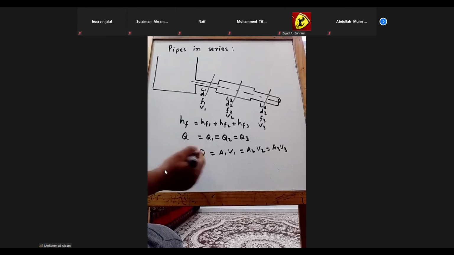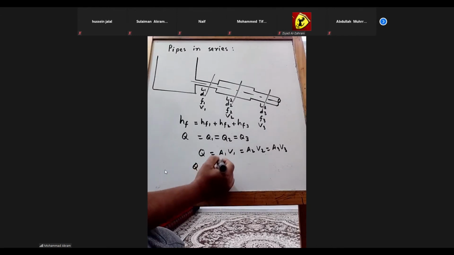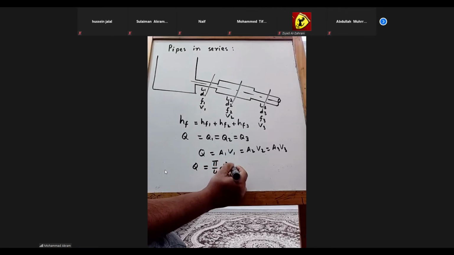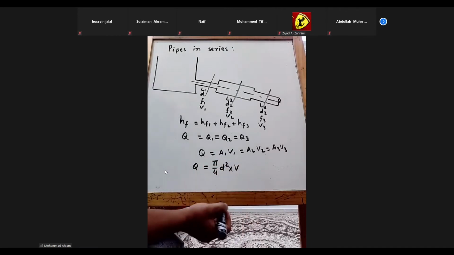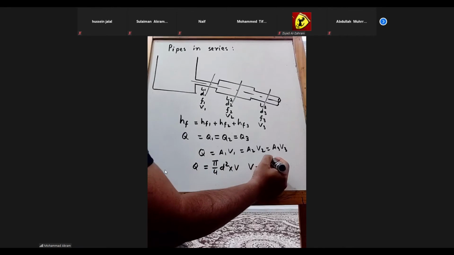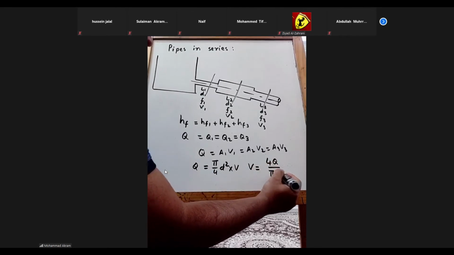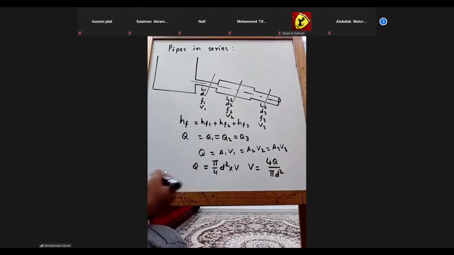Now, what is Q equal to? Q is equal to area, pi by 4 d square, into velocity, right? And what is velocity from this? 4Q divided by pi d square. Am I right? Yes, doctor. Okay.